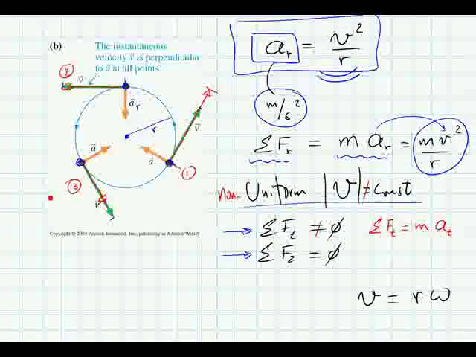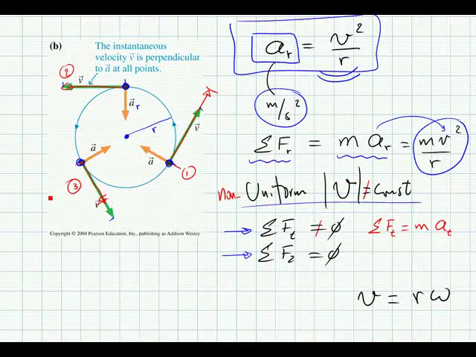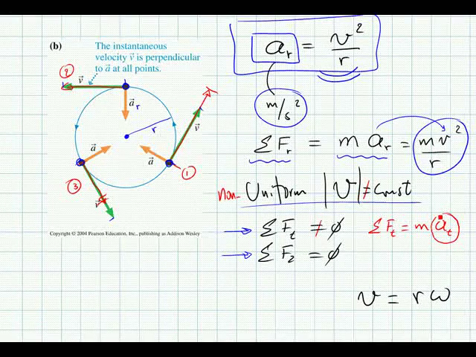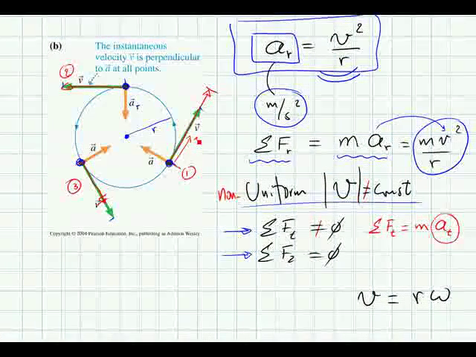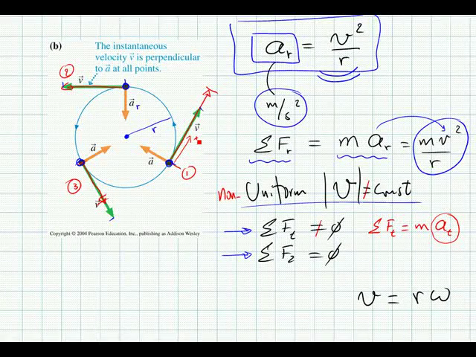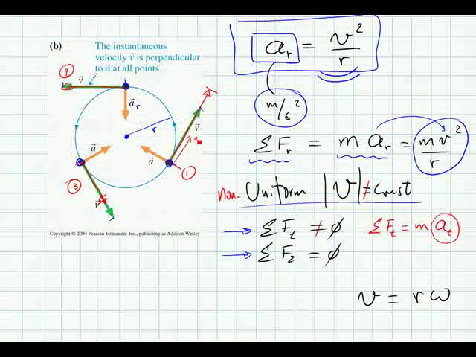So obviously for this change to happen, we need a component along the tangential direction. Recall the tangential direction was tangential, of course, to the circular path, and our velocity vector is always tangential to the circular path.